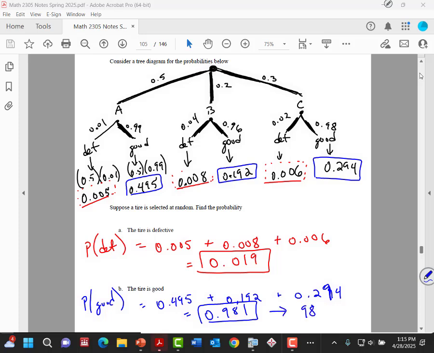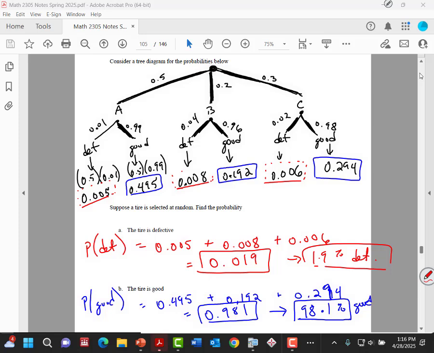We are simply saying that for this given auto shop, 98.1% of our total tires are good, and only 1.9% of our tires, irrespective of which manufacturer they come from, are defective.